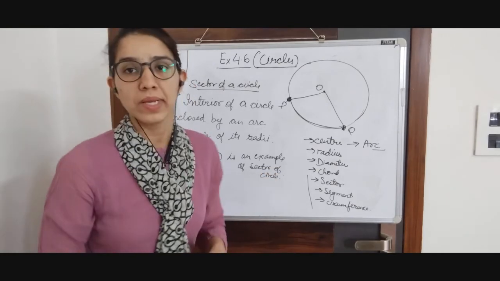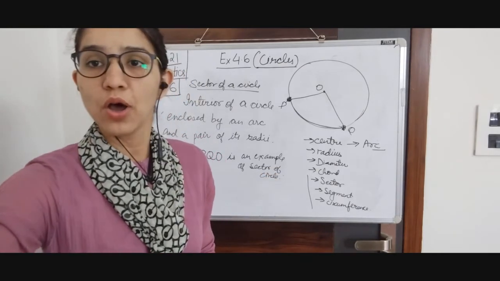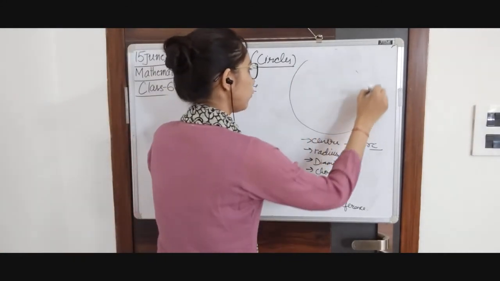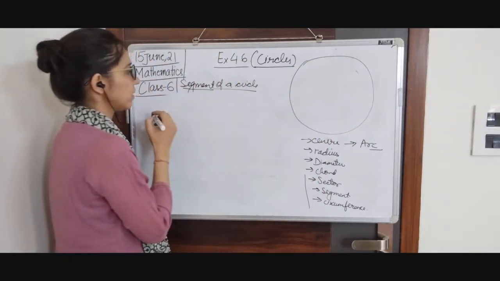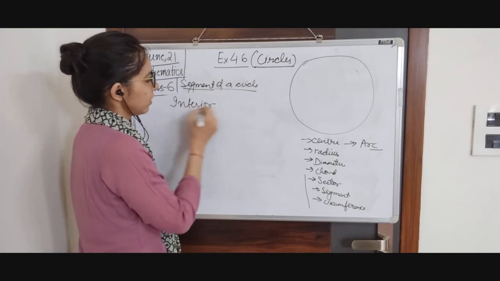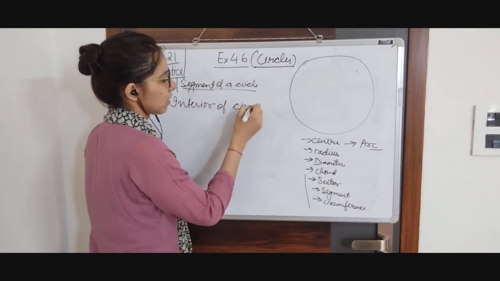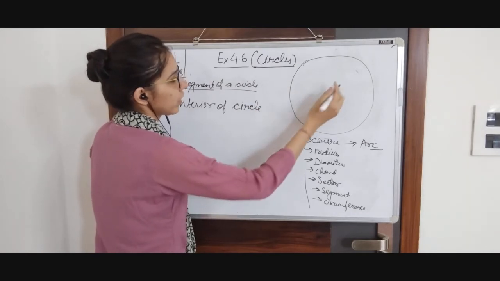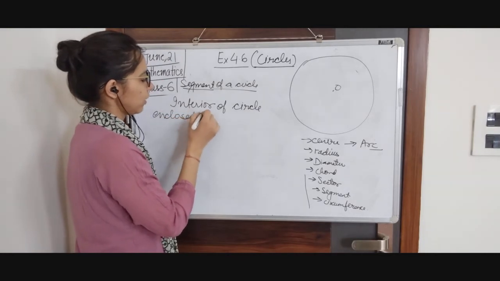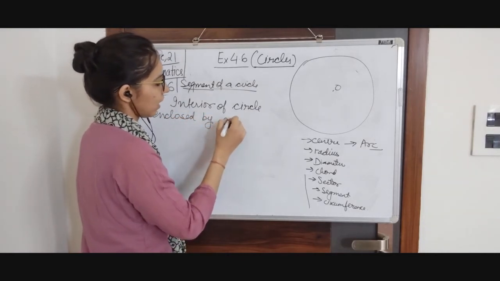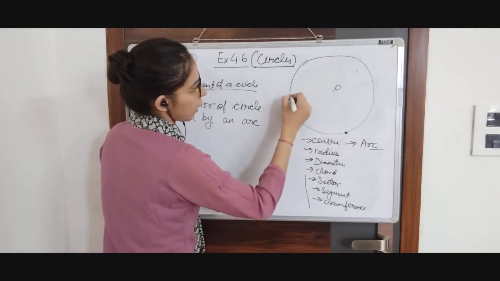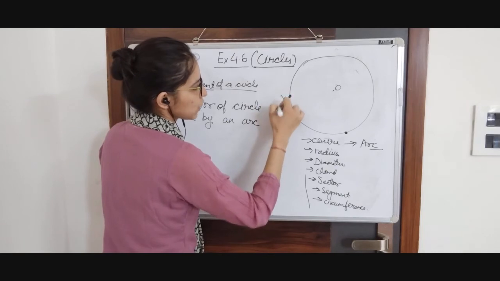Next we are going to talk about segment of a circle. First we are going to write the definition to understand it. It is the part of the interior of the circle, so this space is going to be somewhere here, enclosed by an arc. Suppose this is arc XY.